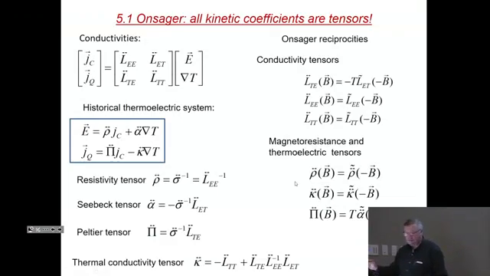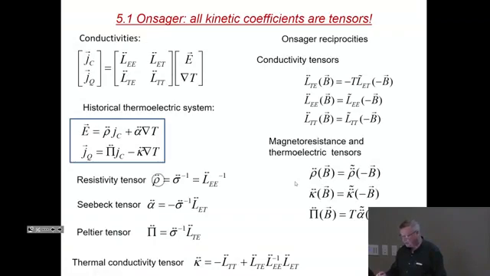In the reciprocities, if we were to transform this equation to its canonical form, we would have anti-symmetry of the tensor. But since this is a non-canonical form, the reciprocity looks like this, and this is just a repeat of last lecture.